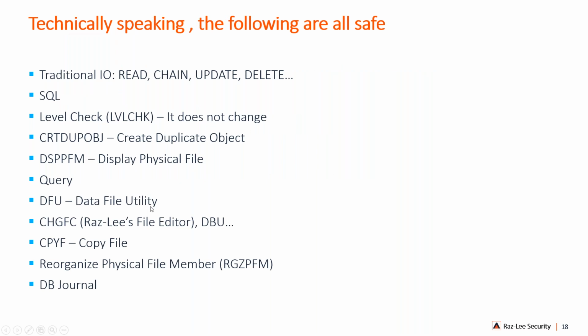So, technically speaking, how safe are we? Well, traditional I/O, all is safe. You don't have to worry. Actually, the way that IBM has provided the encryption and the way that we use it in our solution is that when somebody is reading the data, before the data is moved to his memory in the computer, the data is manipulated according to the encryption software that is in use.